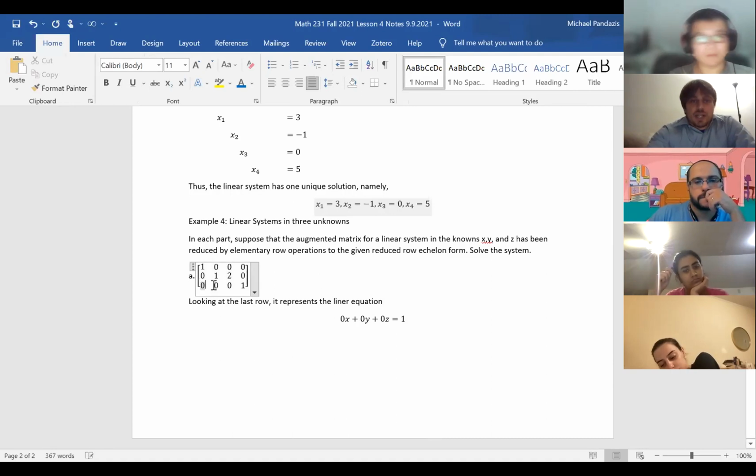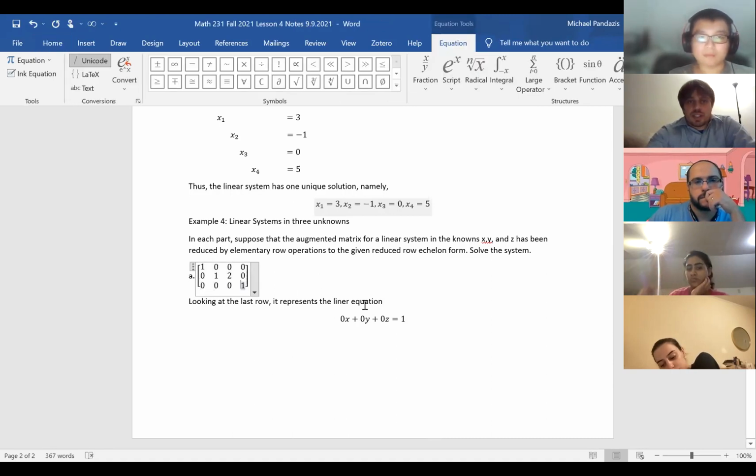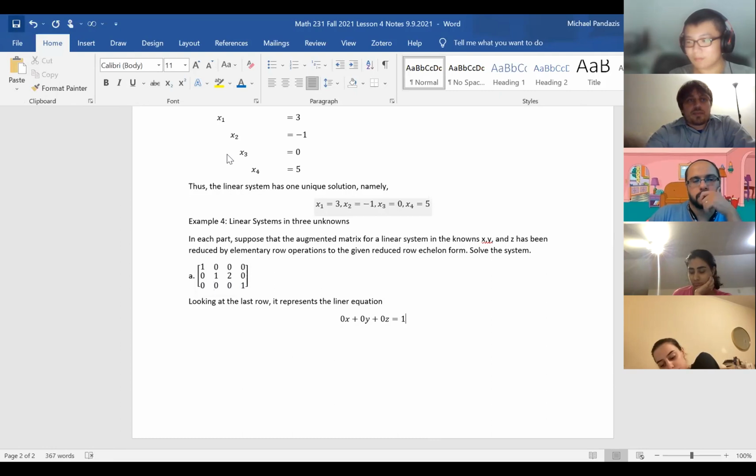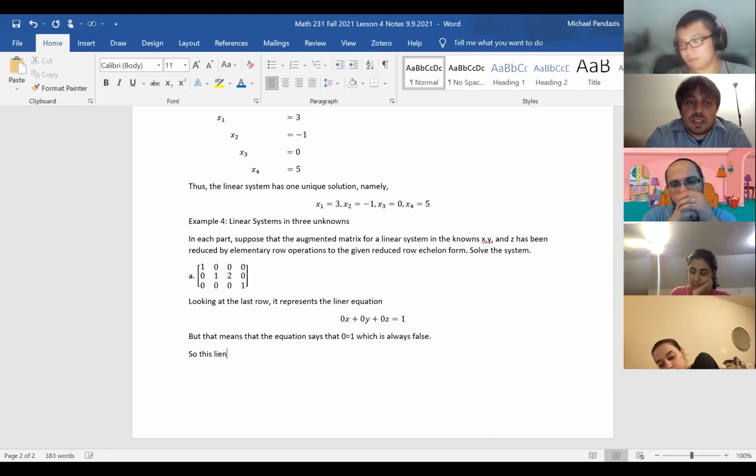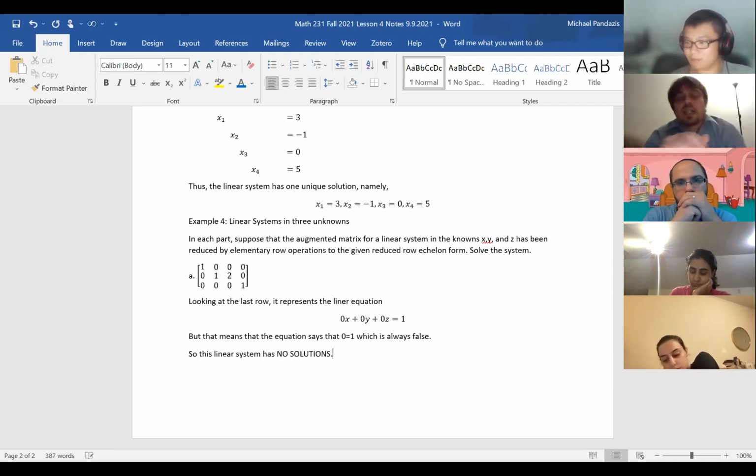Right? But that means that the equation says that 0 equals 1, which is always false. So this linear system has no solutions. Okay, because the third equation has no solutions. That means that there are no solutions to all of them.